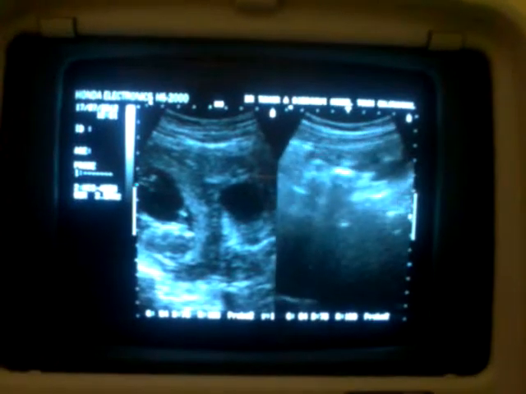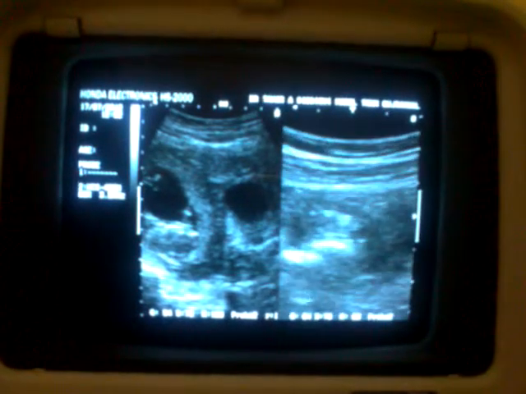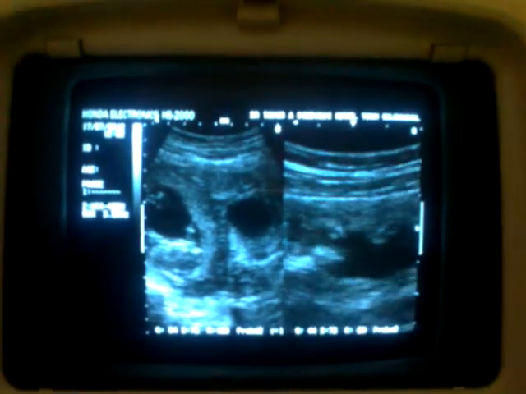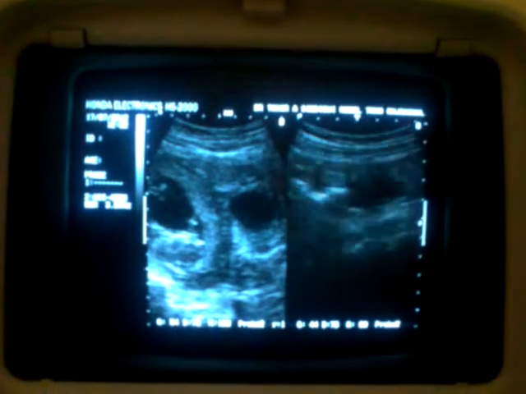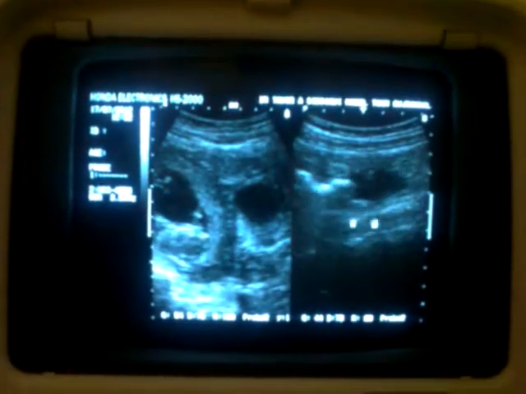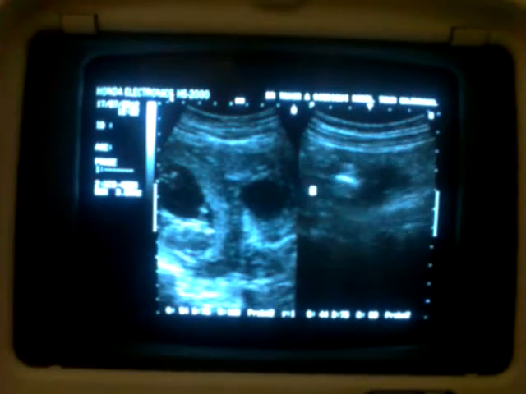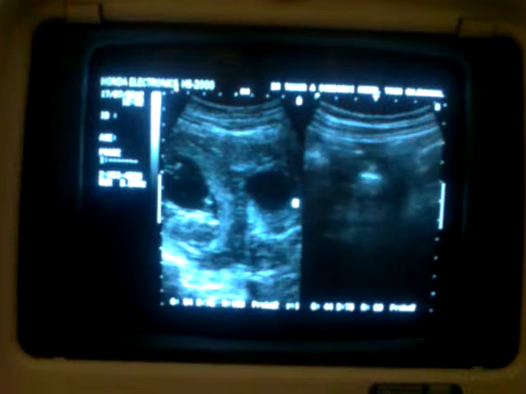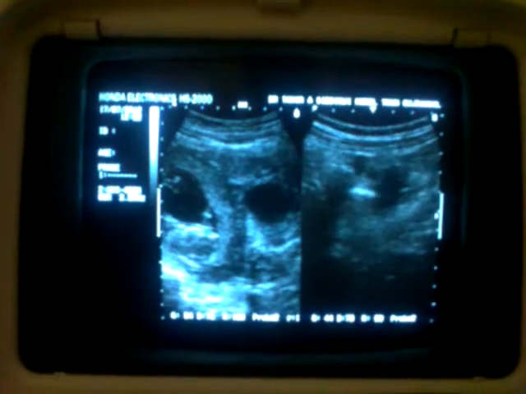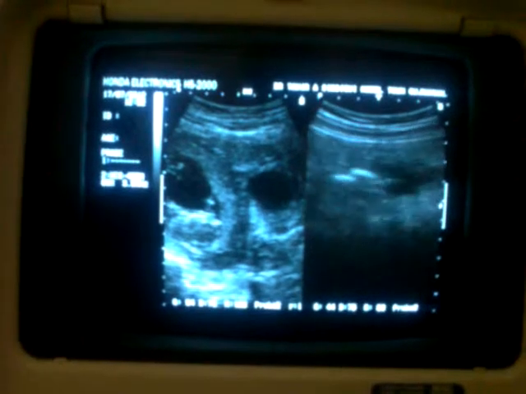And here you can see fluid in the left Morrison's pouch. This is the left Morrison's pouch, and see the fluid. This is the left psoas muscle. This is the fluid. These are bowels. So there is fluid in the left paracolic gutter as well.